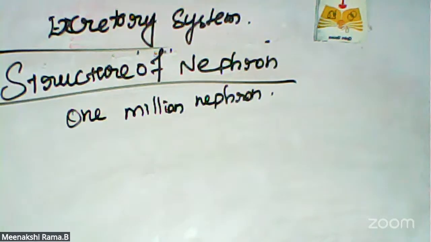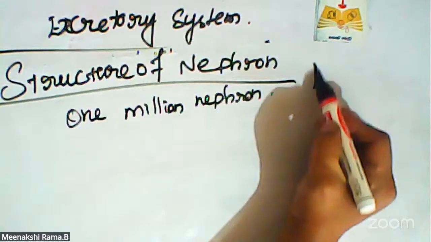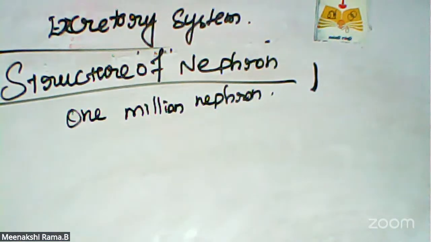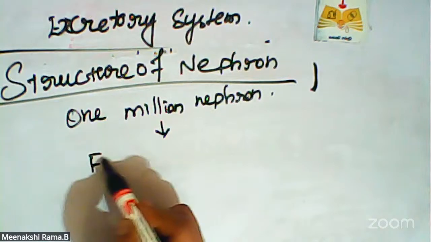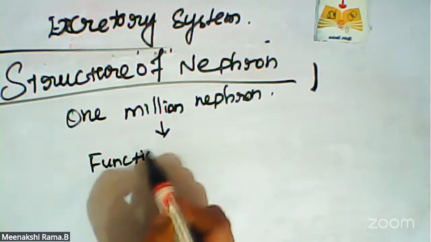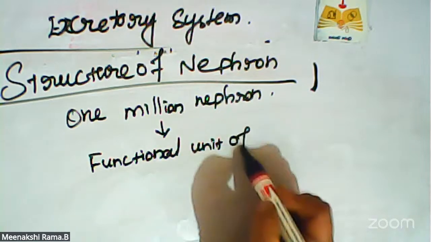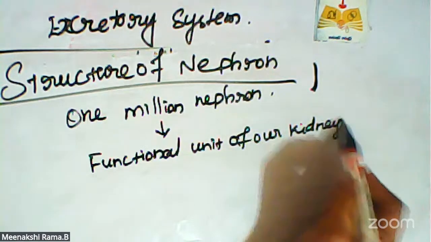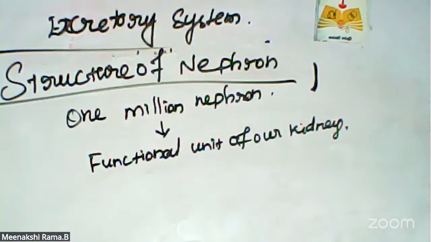Nephrons are the uniferous tubules. Small thin tube is known as nephron. So they are the structural and functional unit of the kidney. The nephron is the functional unit of our kidney, an important part of the kidney.